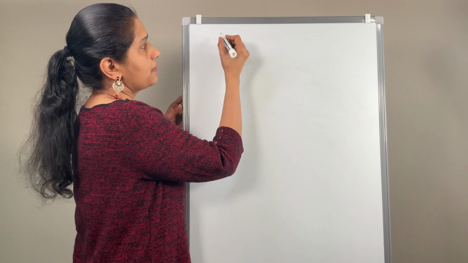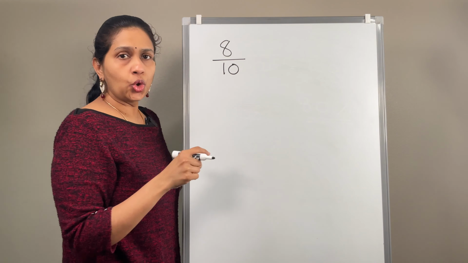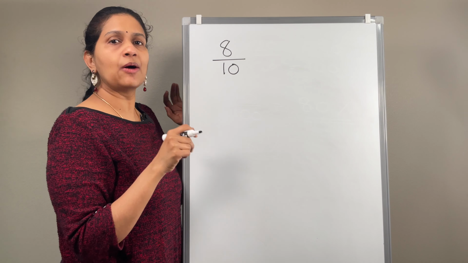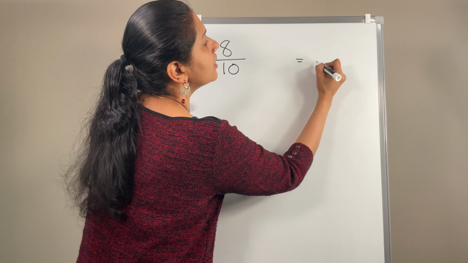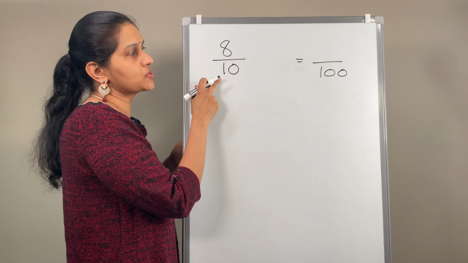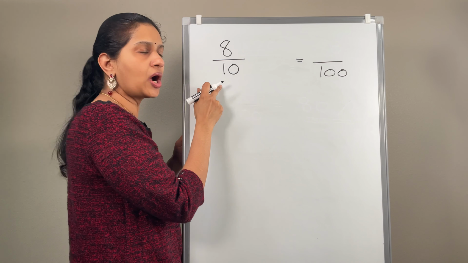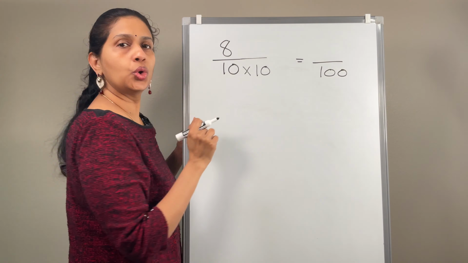Consider another example, the fraction 8 by 10. As I told you, we first have to see if we can convert the denominator to 100, which means by 100 is the final percentage form, right? So I am going to see if I can convert this 10 to 100. 10 times 10 is going to be equal to 100.